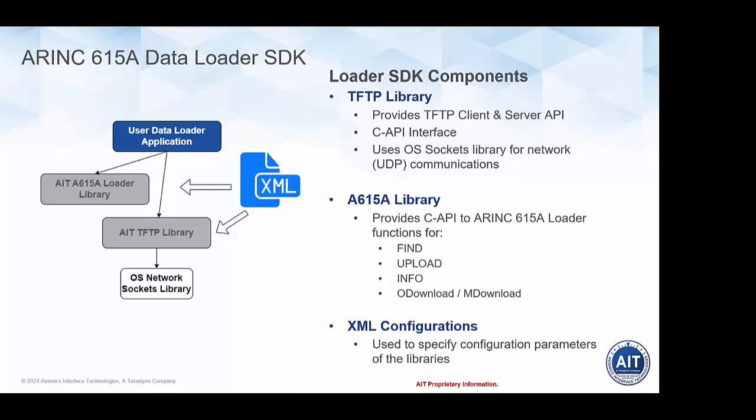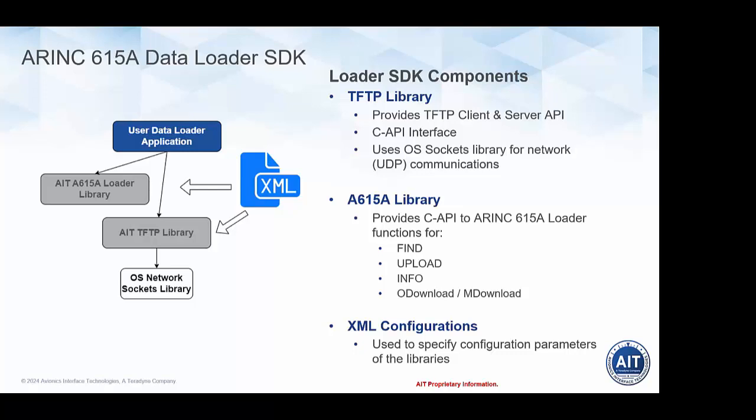And then the TFTP library goes directly to the sockets, the UDP sockets library that's available on the operating system that we port that to and deliver it for. So it goes directly down to the sockets layer. It's a fully AIT owned TFTP library.